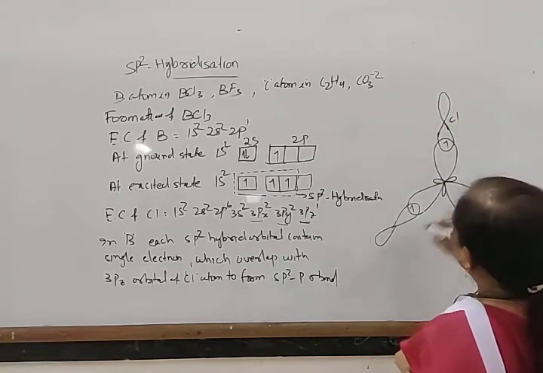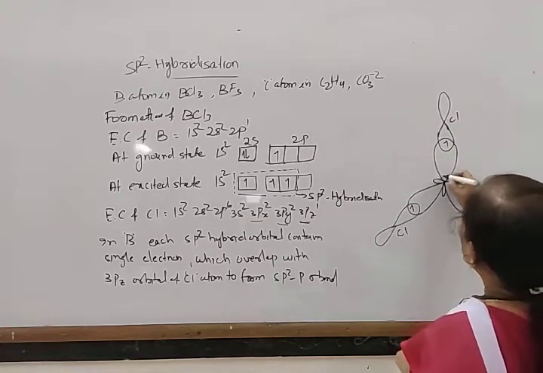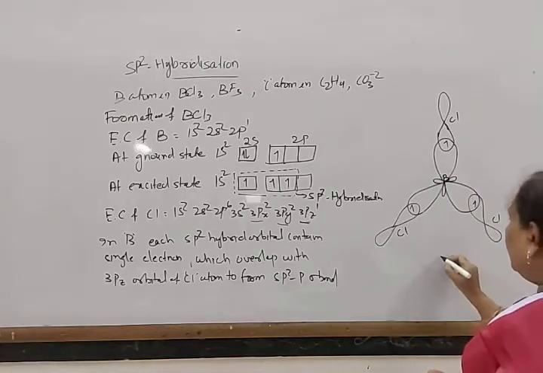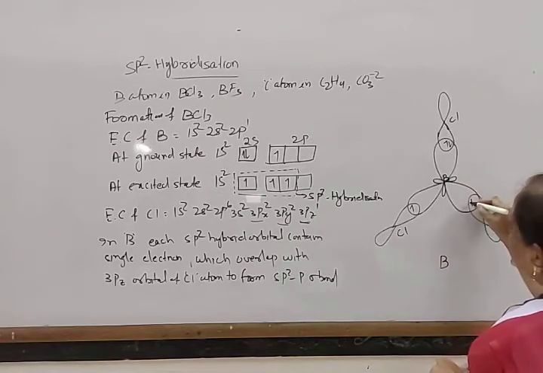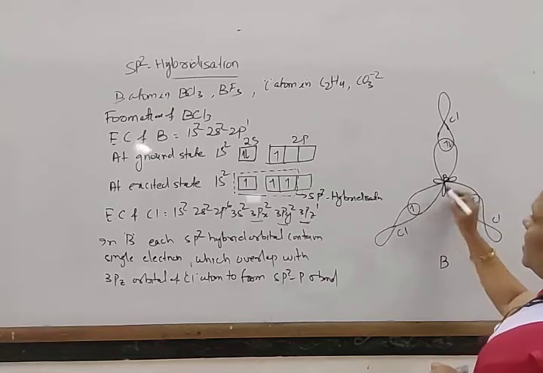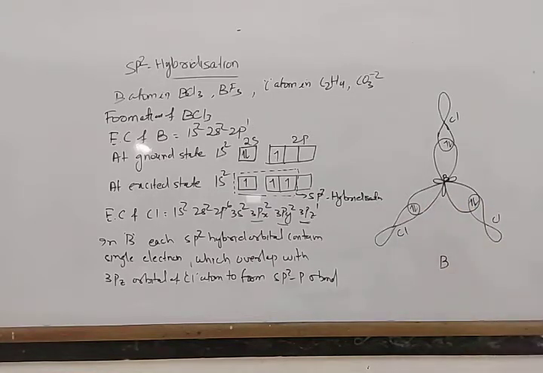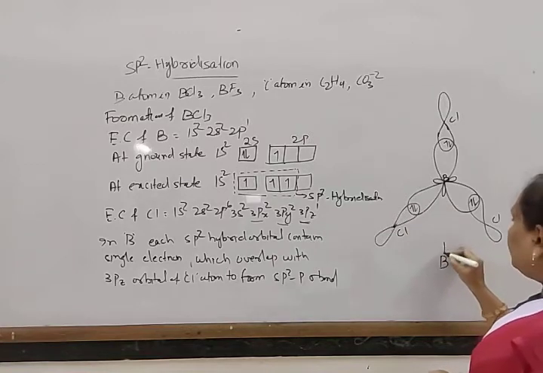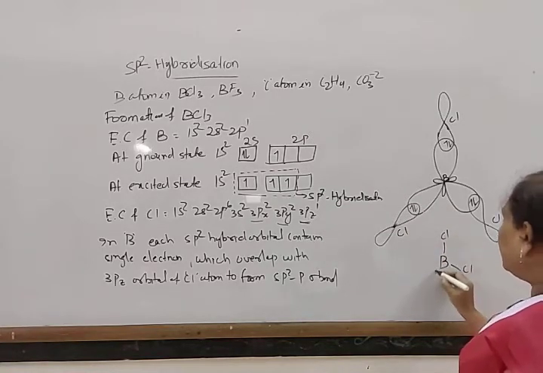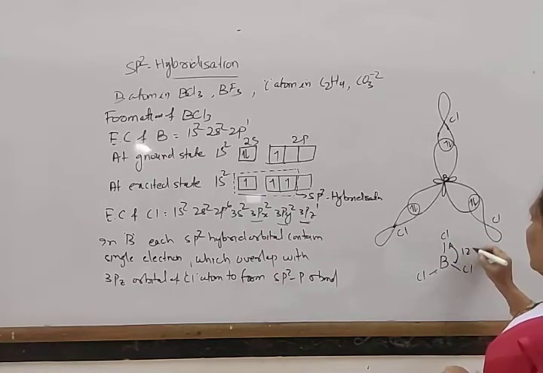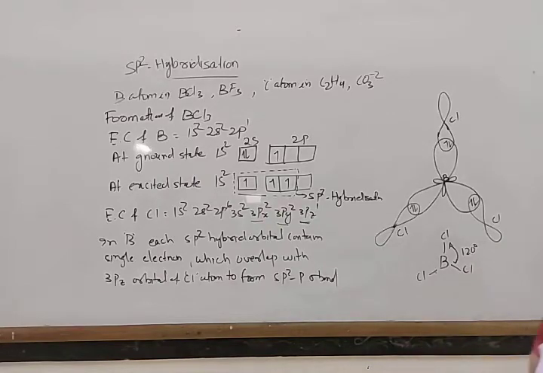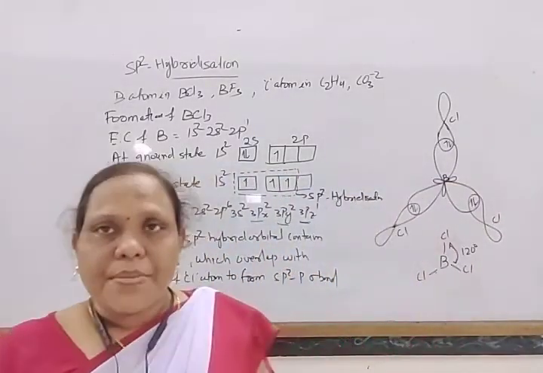This is chlorine, and chlorine, and this is the atom B. Since chlorine has a single electron in 3pz and the sp2 hybrid orbital also has a single electron, due to overlapping all orbitals are now paired, and it forms BCl3. The bond angle between Cl-B-Cl is 120 degrees. Okay, so this is your sp2 hybridization.